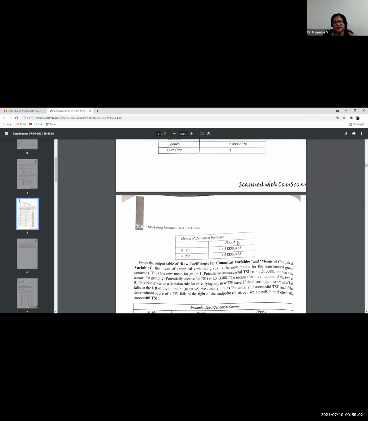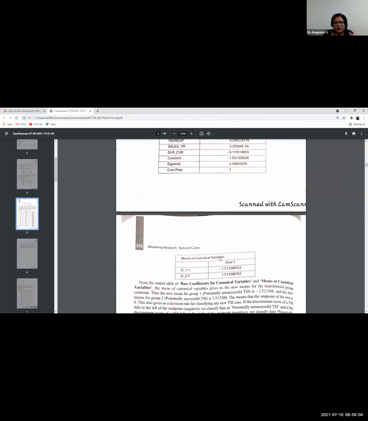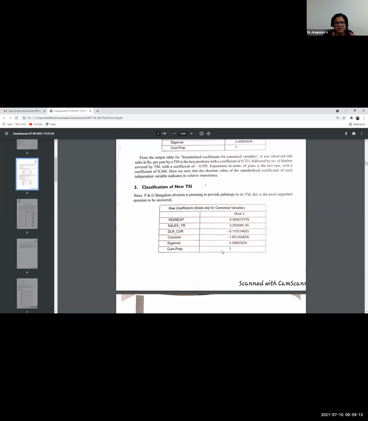To classify, you see the means of the canonical variables table, where the score is between -1.5 and +1.5 with 0 in between. The classification of the TSI comes from the raw coefficient table, where -1.85 is taken as the constant and the rest of the coefficients are for the independent variables.